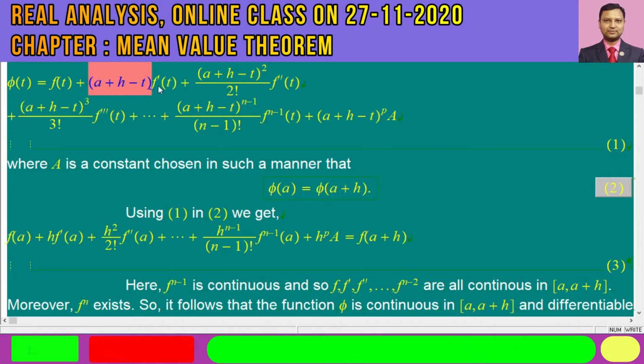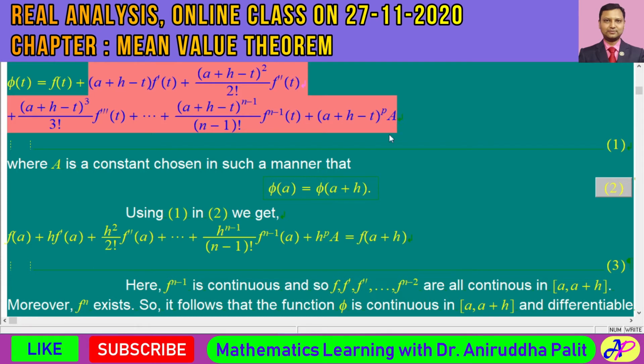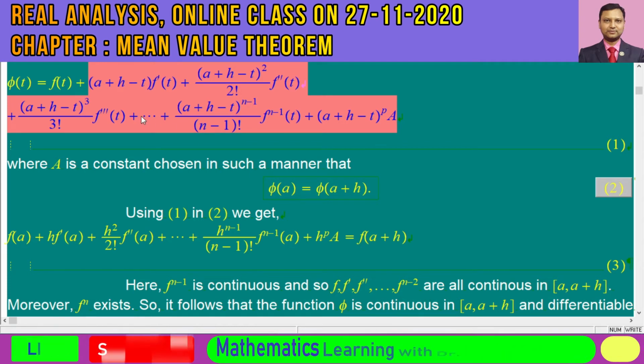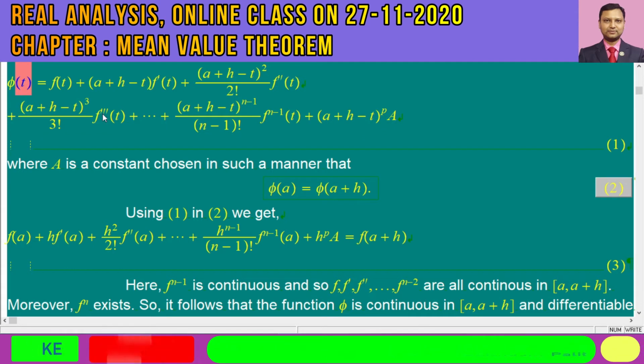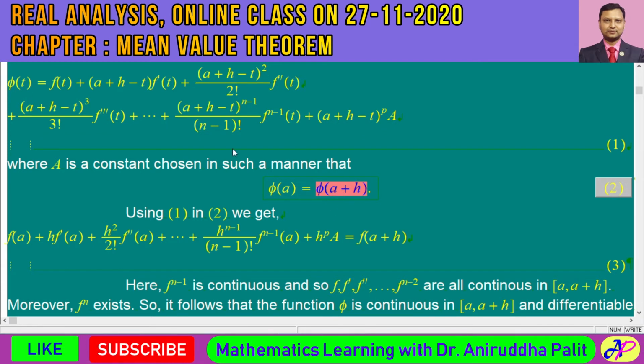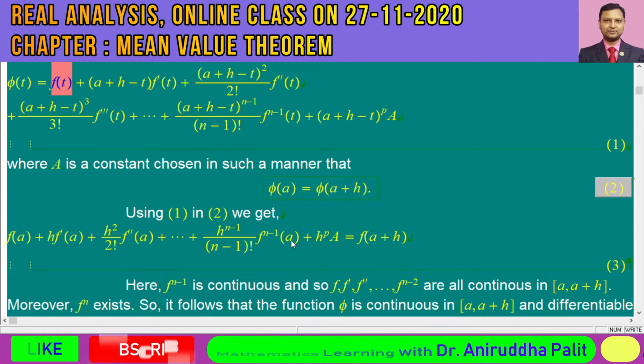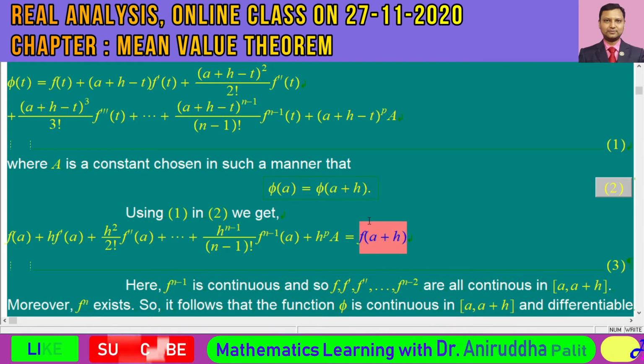Therefore, the contribution from all the subsequent terms at the point t equal to a plus h would be 0. Got it? So at the point t equal to a plus h, phi of a plus h would simply be equal to f of a plus h.